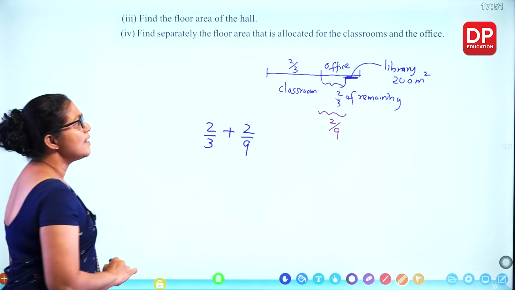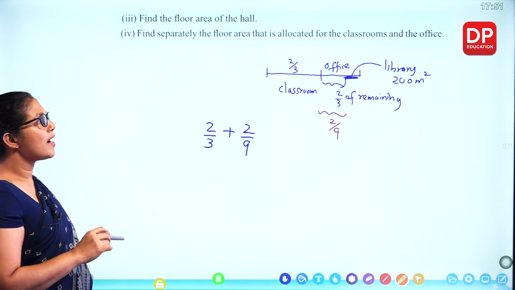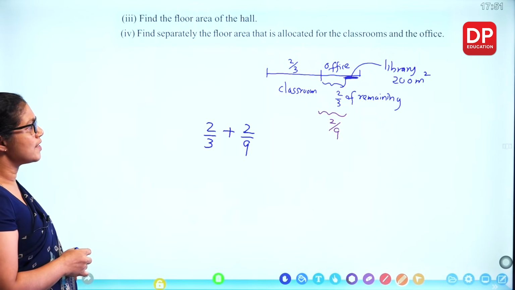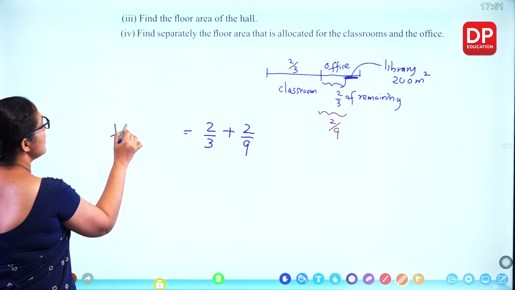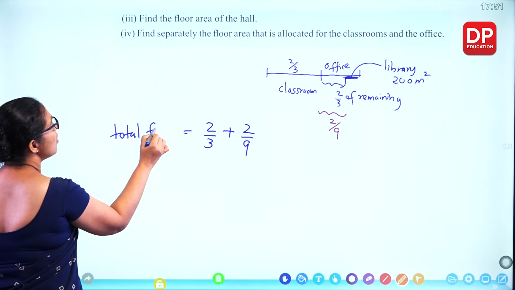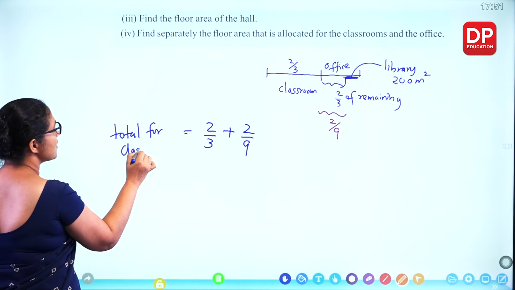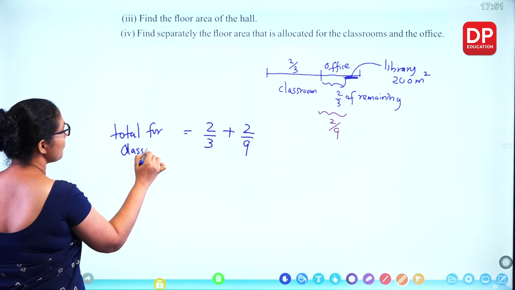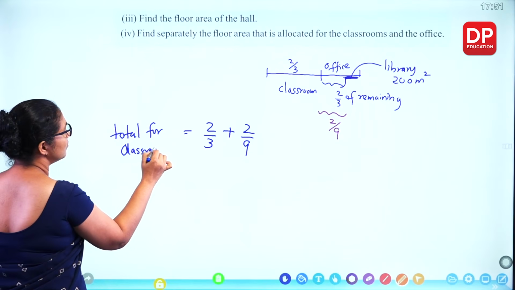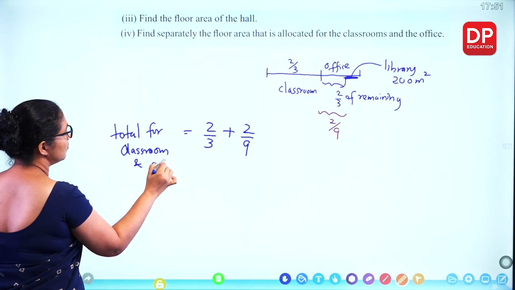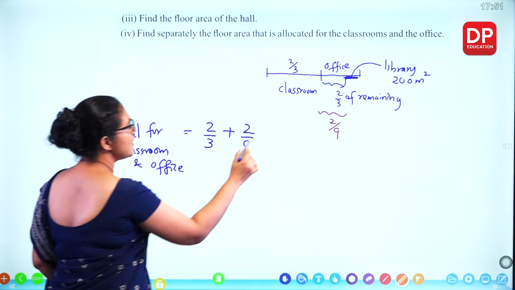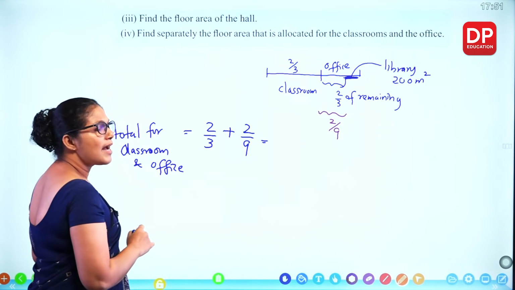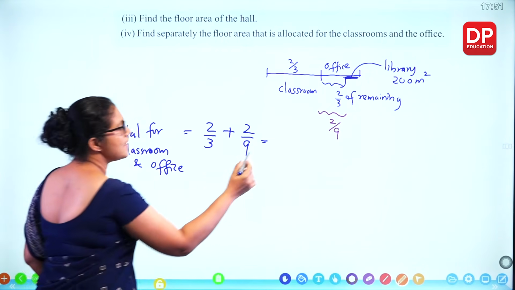So here this is the total number of parts for classroom and office. So first find that part, total for classroom and office. So we need to add these together. 3 and 9, the lowest common denominator is 9.